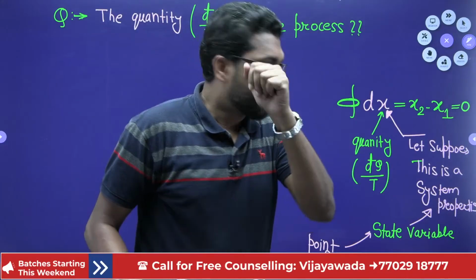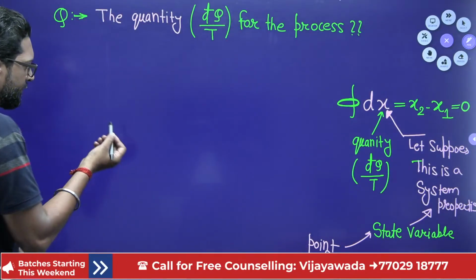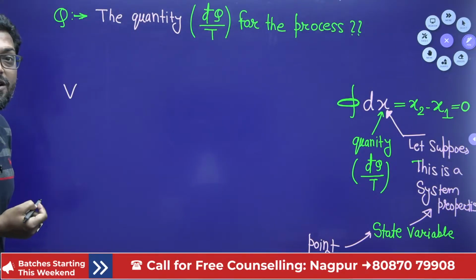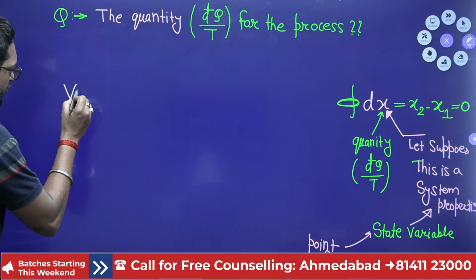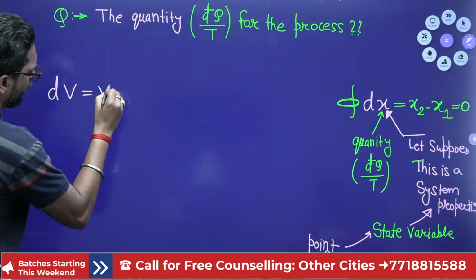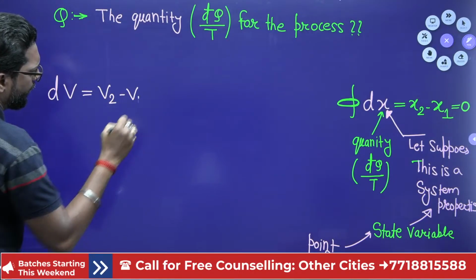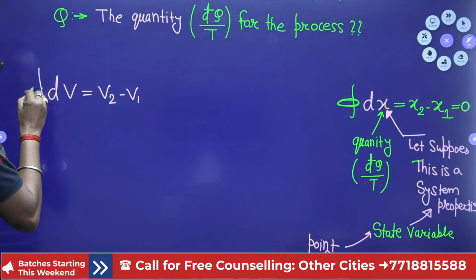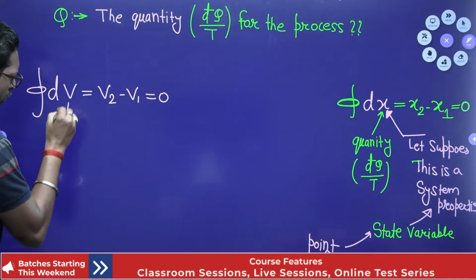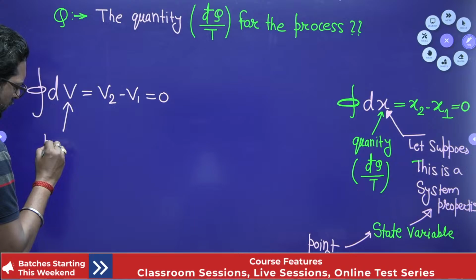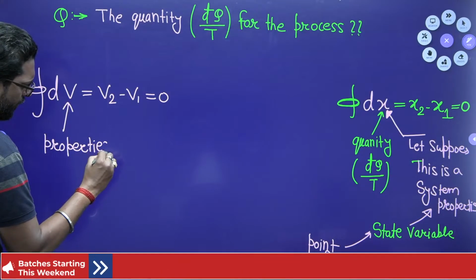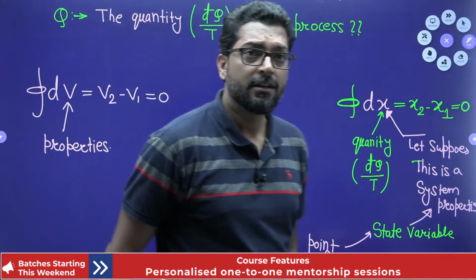See beta, take an example: let's suppose this is volume. Volume is a property, and this volume change is V2 minus V1. Whose cyclic integration must be 0. That means this volume is a property.